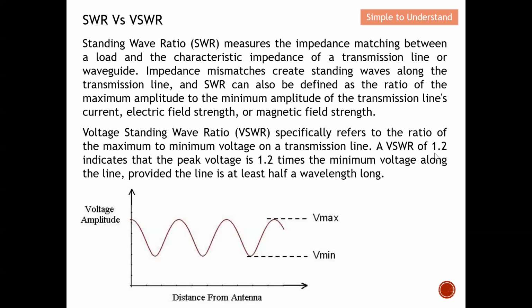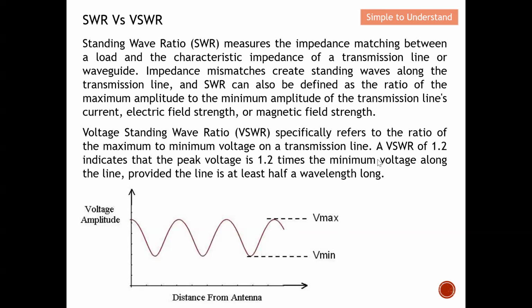A VSWR of 1.2 indicates that the peak voltage is 1.2 times the minimum voltage along the line, provided the line is at least half of a wavelength long. This will be the distance from the antenna. Here you can see this will be the Vmax, and this will be the Vmin.